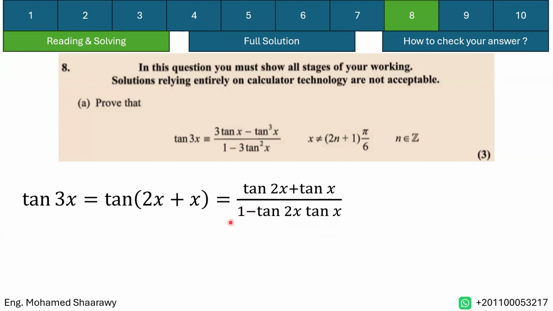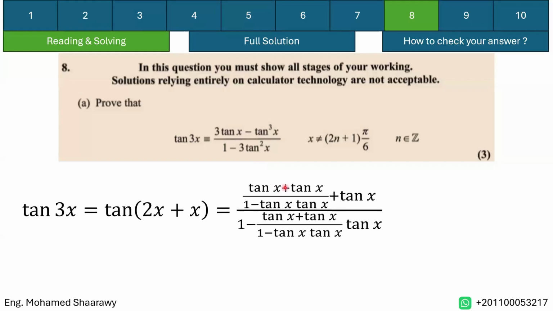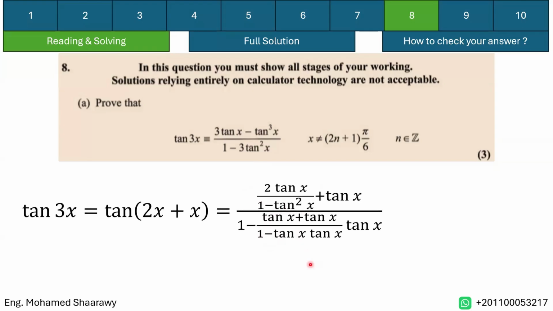I can now repeat the same exact process because tan 2x can be written as tan of x plus x. So I can replace it by the sum over 1 minus the product again. So tan x plus tan x is 2 tan x, over 1 minus the product, tan x times tan x, which is tan squared x. I can repeat the same thing here.